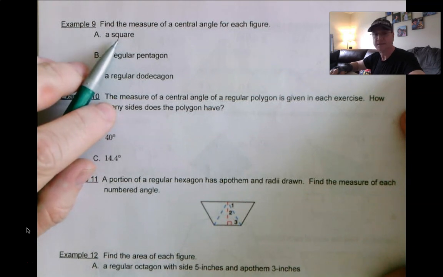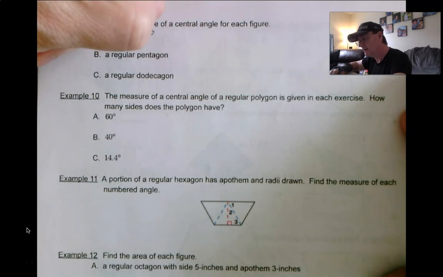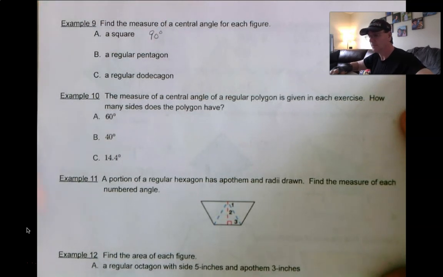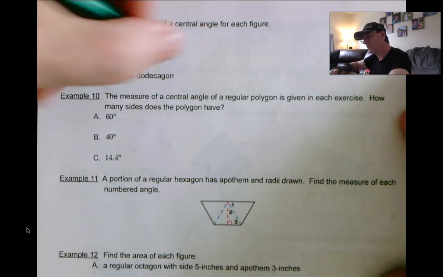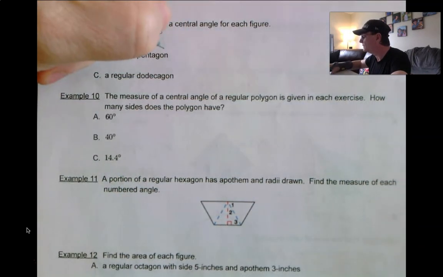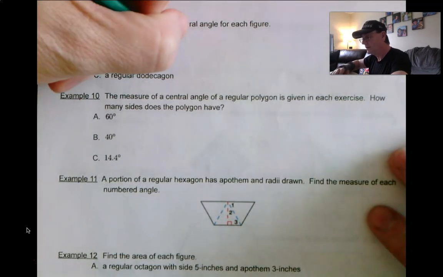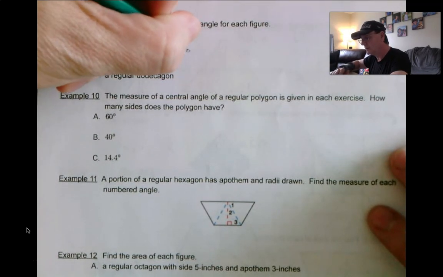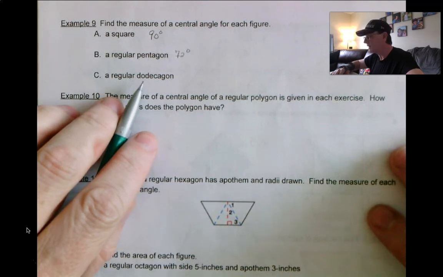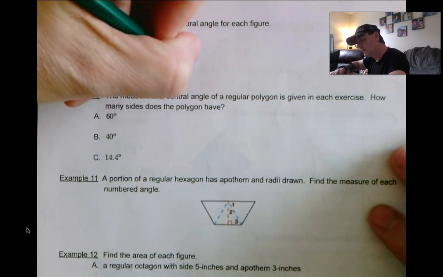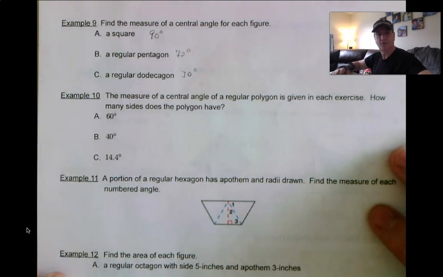So 360 divided by 4 is 90 degrees. 360 divided by 5 is 72 degrees. And 360 divided by 12 is 30 degrees.